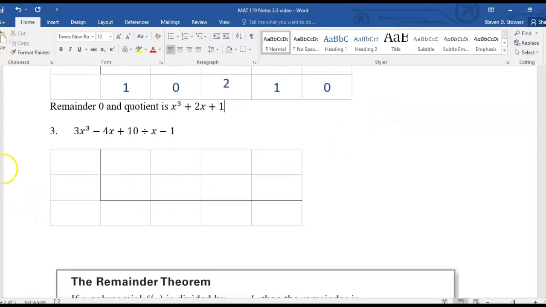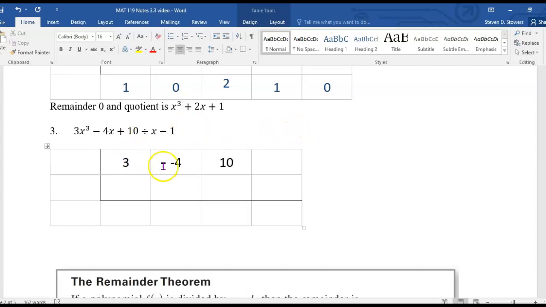Okay, one more example. 3x cubed minus 4x plus 10 divided by x minus 1. So what numbers do we put here? 3, -4, 10. But wait a minute, that's not quite right. Can you see why?